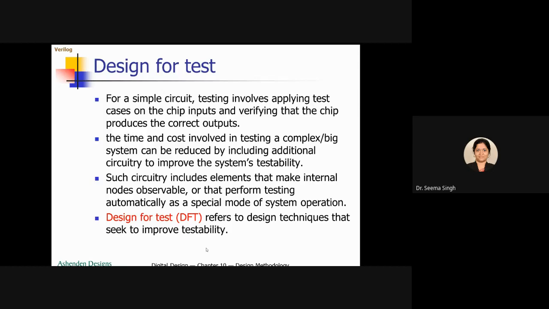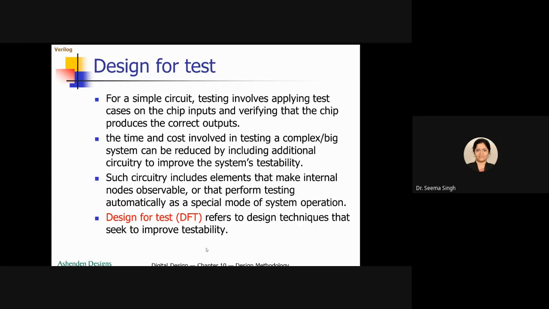So what we do in design for test is apply test cases on the chip inputs and verify that the chip produces the correct output. You know what a test bench is, but a test bench is a little different from this. This is for the final product test, the final manufactured chip test.